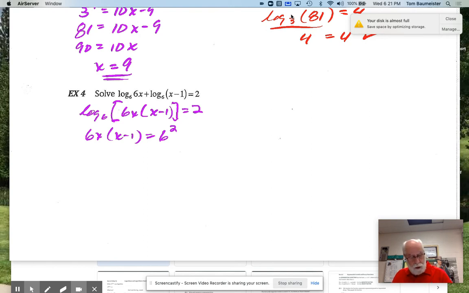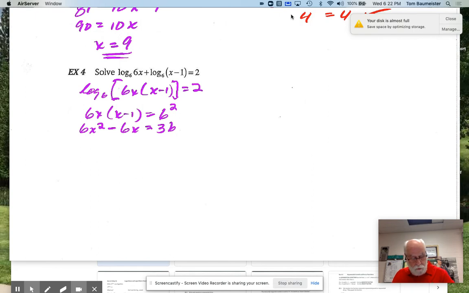So again, just to make sure you see it, there's my base raised to that power, equals what's inside, which is what I have, okay? So now I'm going to distribute that 6x. So I'll get 6x squared minus 6x is equal to 36.